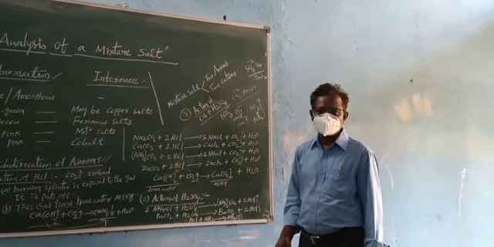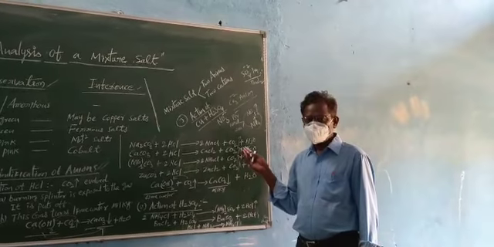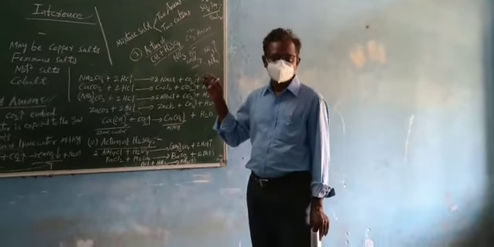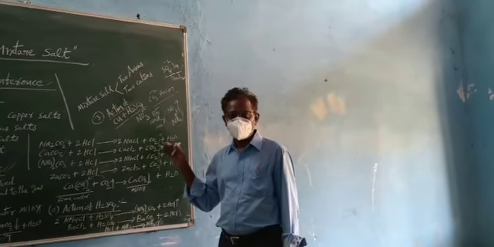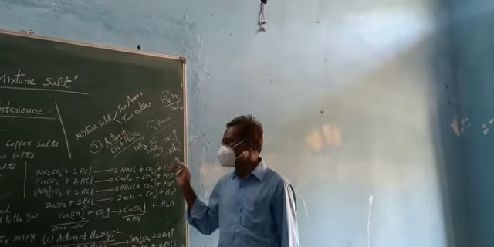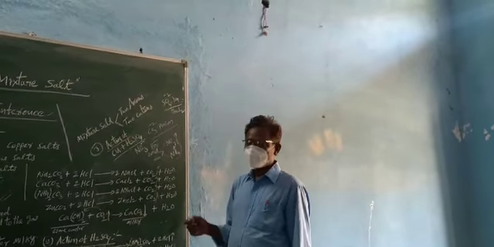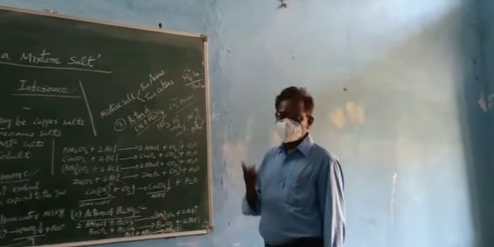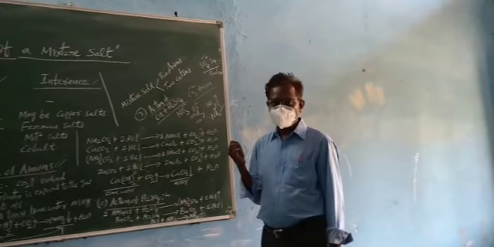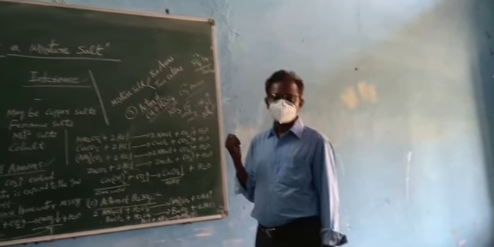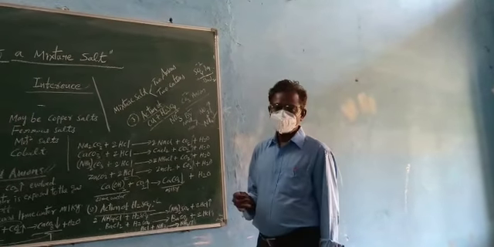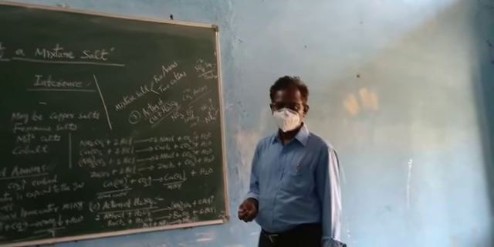You obtain a reddish brown precipitate while adding Nessler's reagent. It is the confirmation of ammonia. So for the identification of ammonium cation, you do two tests: the action of sodium hydroxide, and the action of Nessler's reagent.